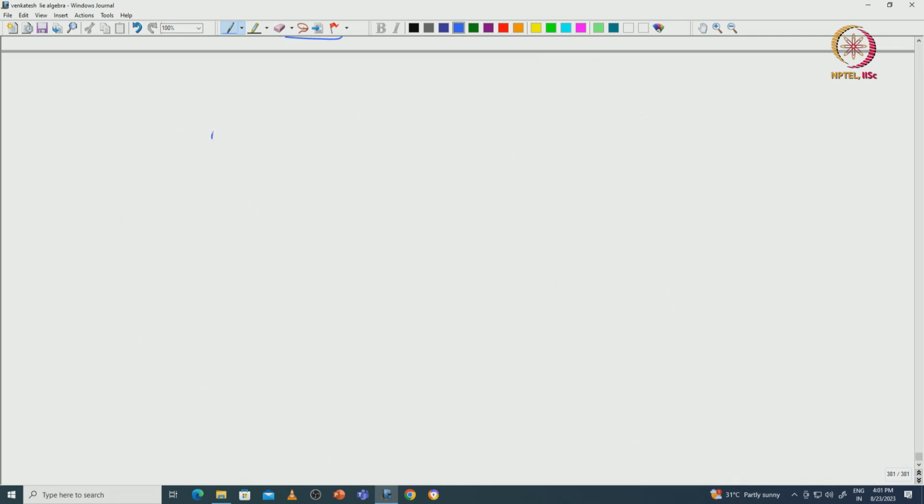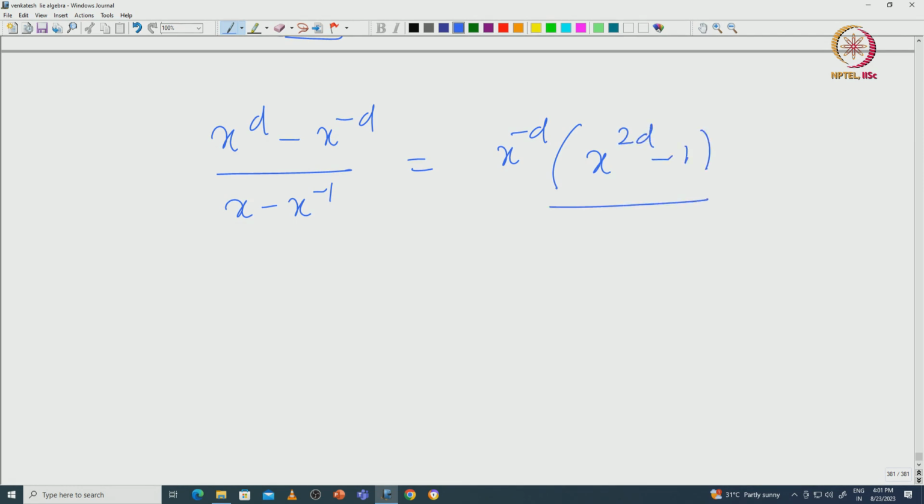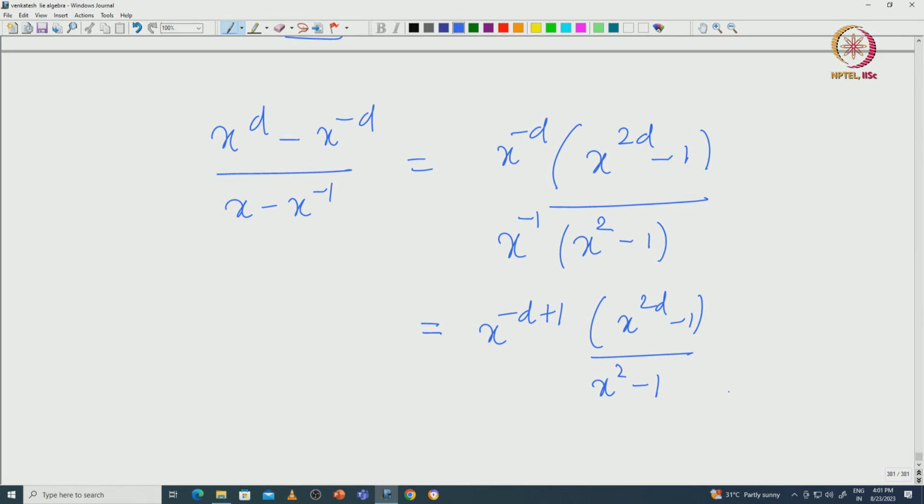If you take out x power minus d, then you get x power minus d times x power 2d minus 1 divided by x square minus 1, and then here x minus 1. So that will add up to x power d plus 1 times x power 2d minus 1 divided by x square minus 1. This is what we are supposed to get.